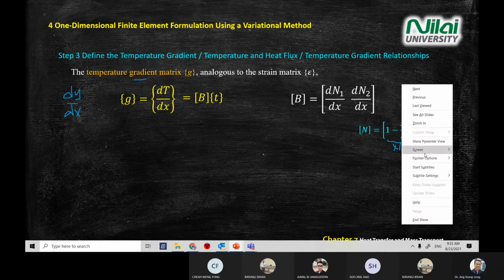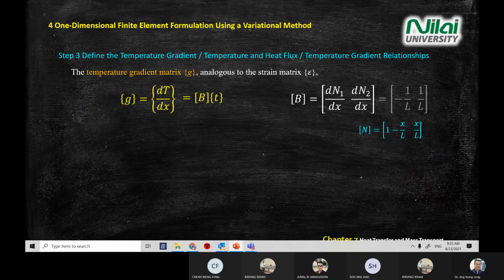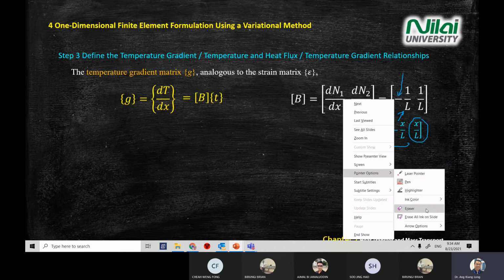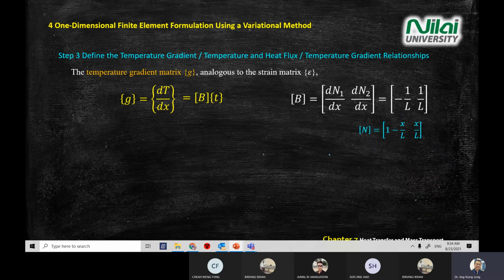When you differentiate the first one with respect to x, the 1 cancels and you get minus 1 over L. When you differentiate the second one over x, you get 1 over L. So there's a negative sign there. So far we're still at the mathematical operation.